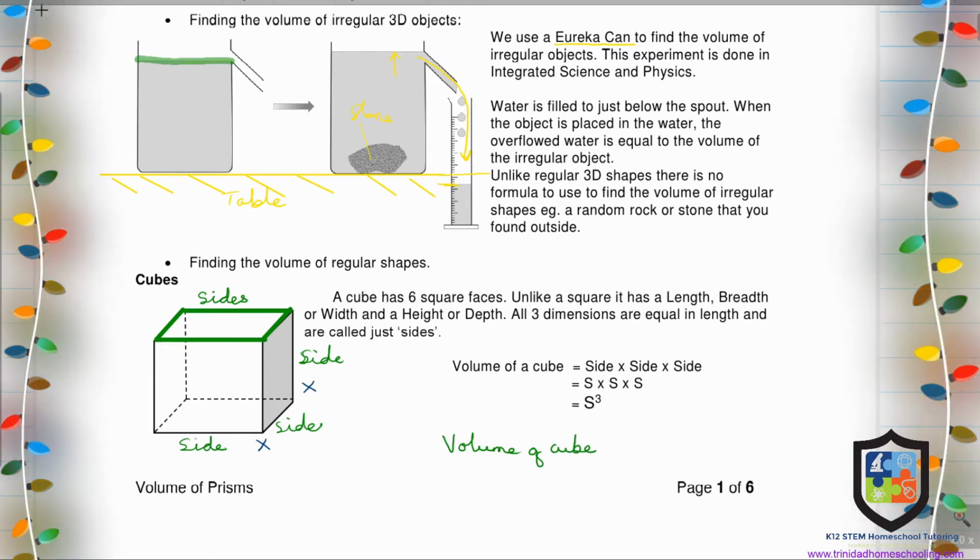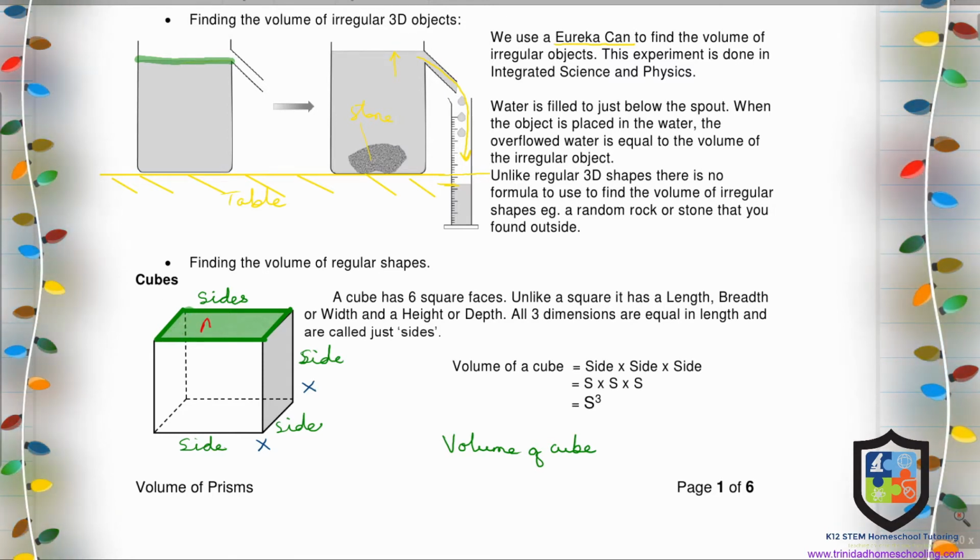Now another way we could find the volume of a cube is if we were to find the area of one of the faces. I'm going to highlight here one of the faces. So another formula is the area of a face multiplied by one of the sides.